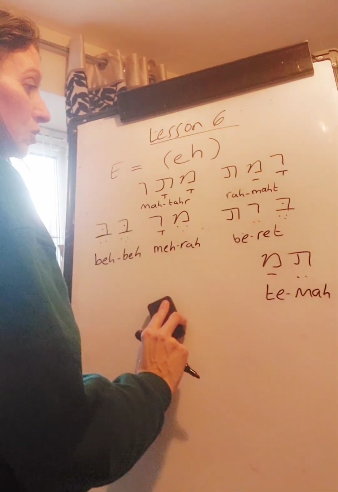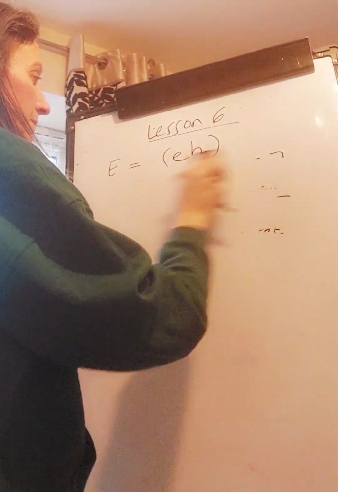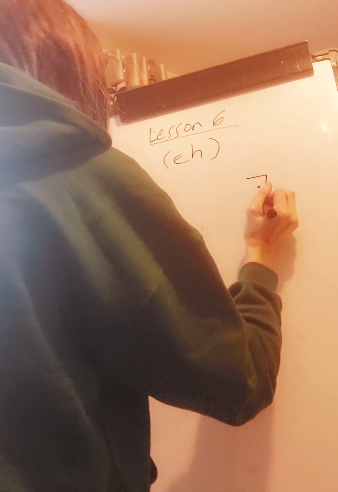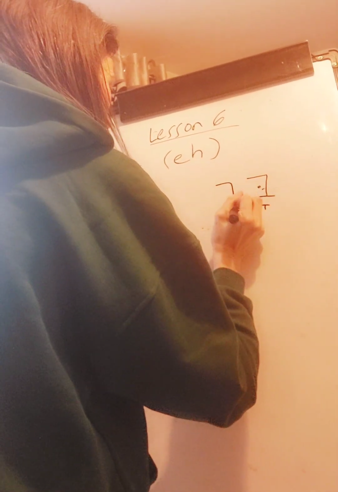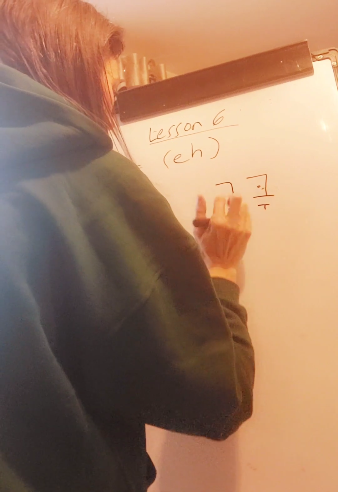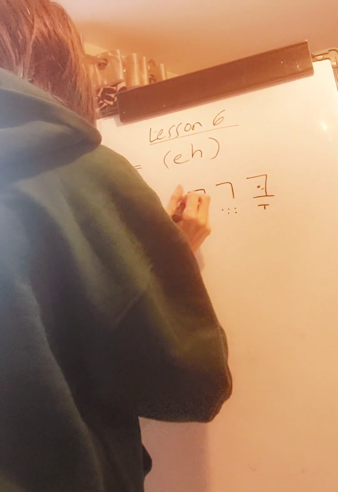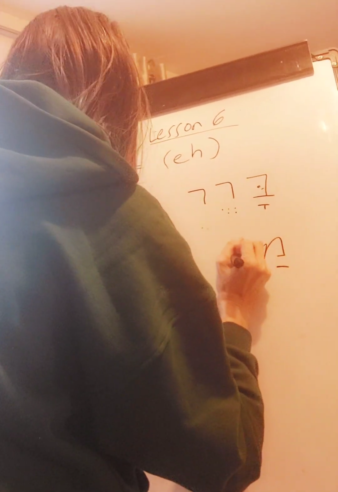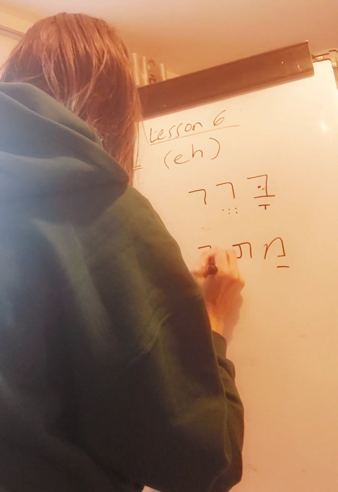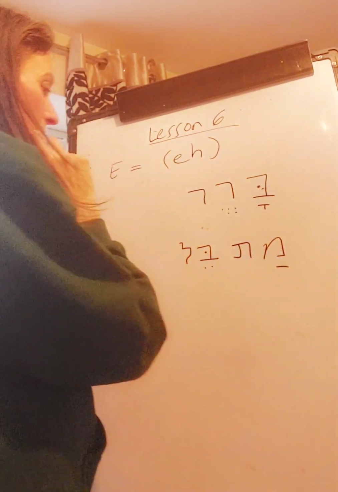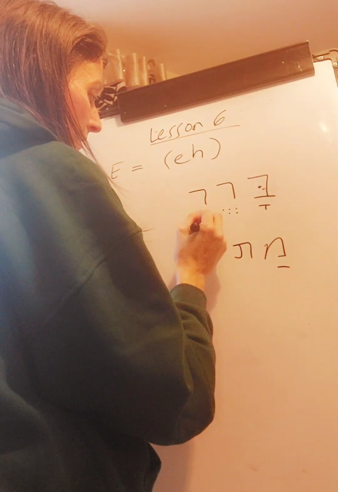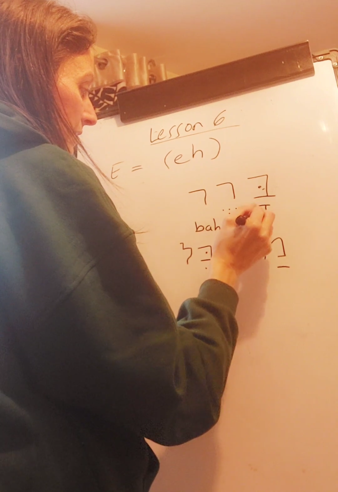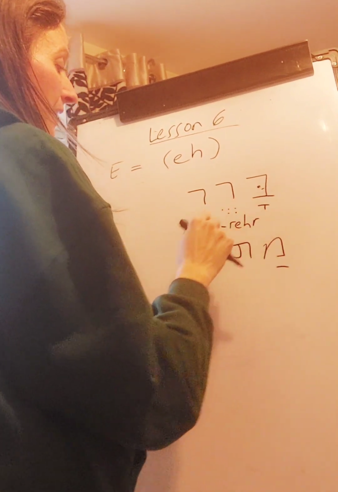I'm just going to do another two words. Have a look there. So first one, B, the A vowel underneath, Ba, Resh, E vowel underneath, Re.